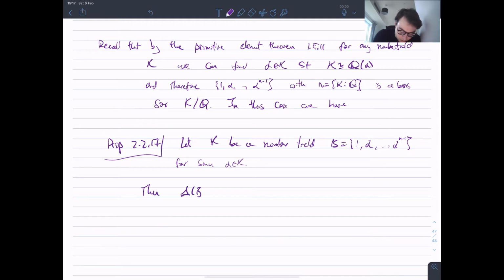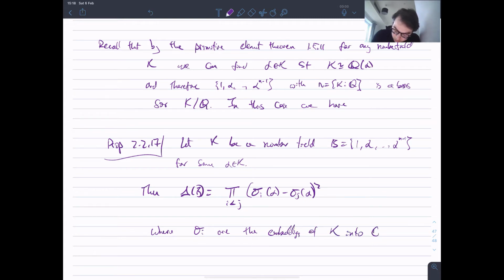The discriminant of this set of elements b is the product over i less than j of sigma i of alpha minus sigma j of alpha, all squared, where with the usual notation, these sigma i's are the embeddings of K into the complex numbers. Great. So notice that these aren't zeros because it's i strictly less than j, so these things don't vanish.